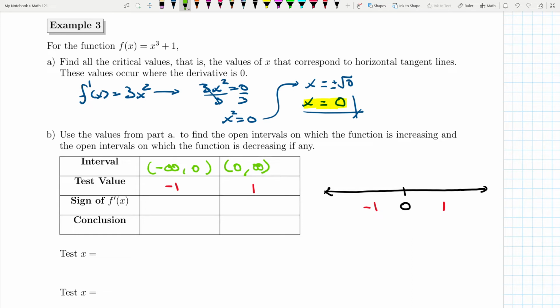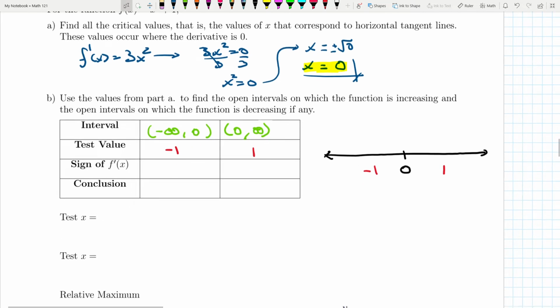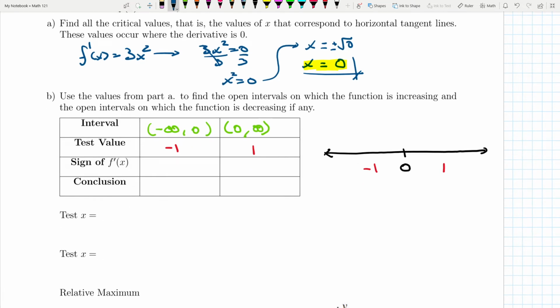Okay, so the sign of f prime. So what do we do? We need to test these values on the derivative of the function. So we will test x equals -1, and we will test x equals 1, in the derivative.